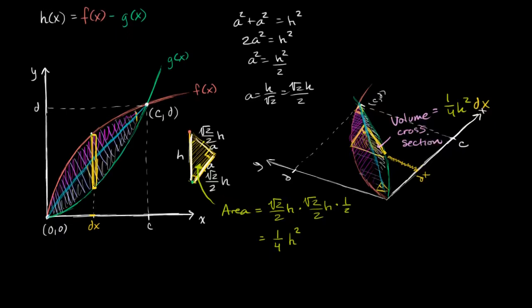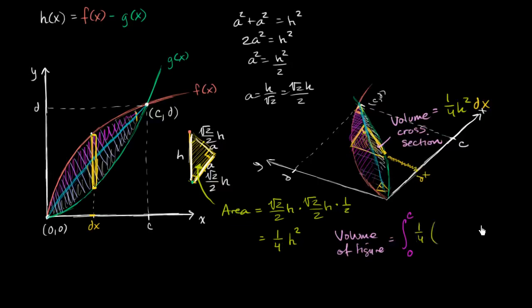So what's the volume of the entire thing going to be? Well, the volume of the figure is going to be the definite integral from x equals 0 to x equals c of 1/4 h squared.